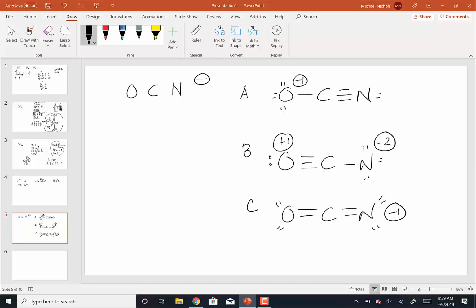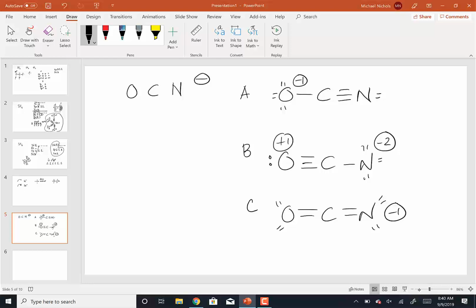All right, now, first of all, these are 3 resonance structures. What is the true structure of this? The resonance hybrid, the mixture.